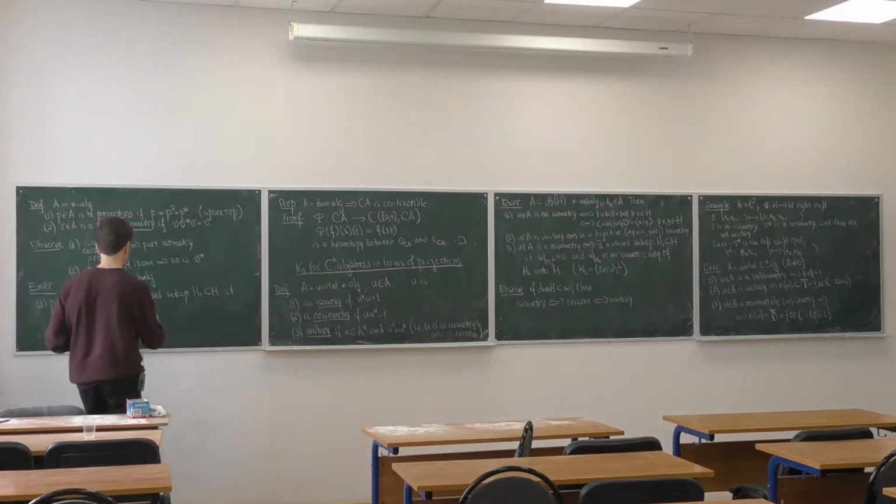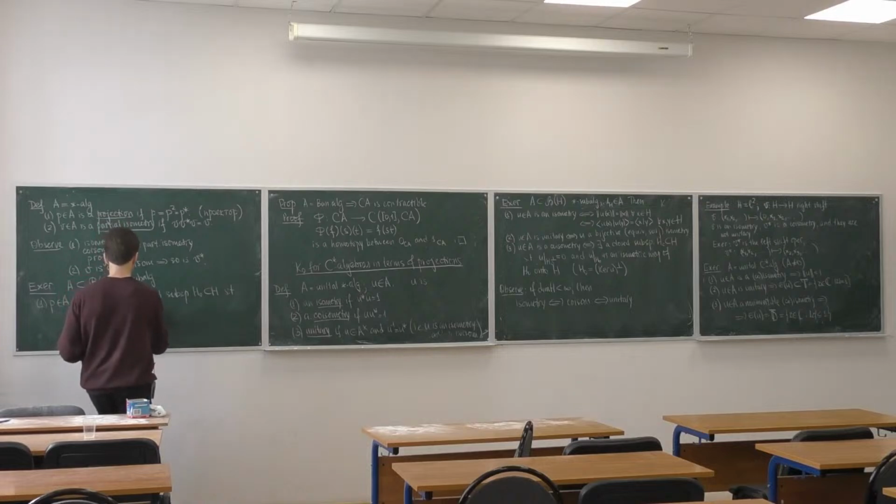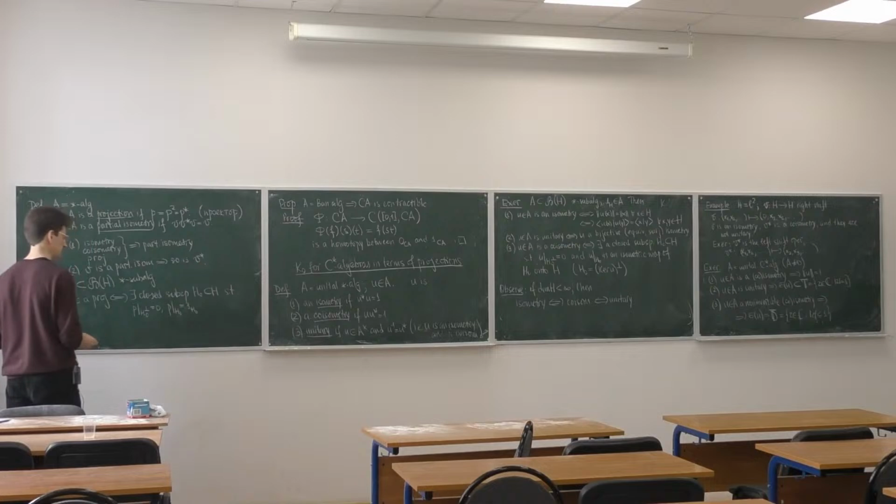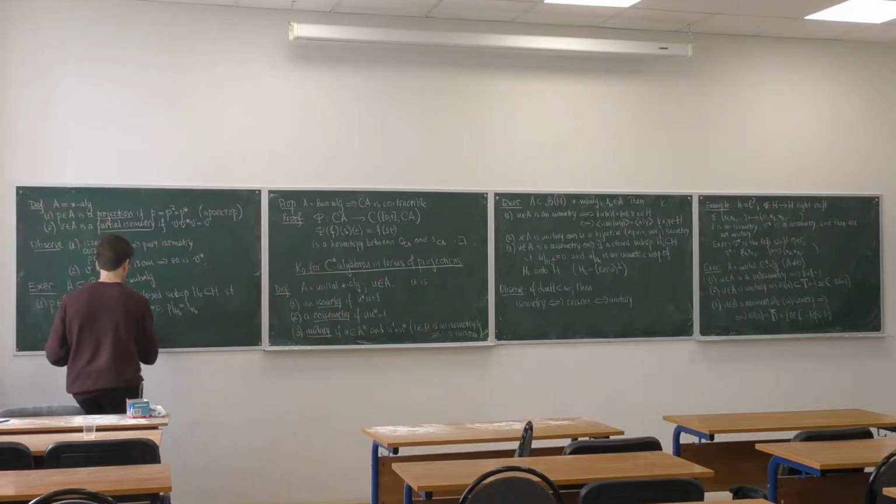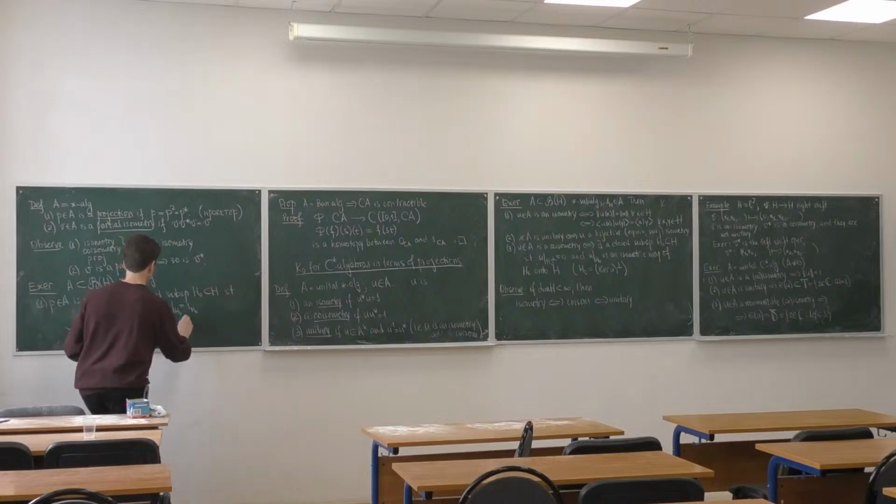That is, such that P restricted to the orthogonal complement is 0, and P restricted to H0 is the identity map of H0. And in this case, H0 is nothing but the image of P, and the orthogonal complement is nothing but the kernel of P.